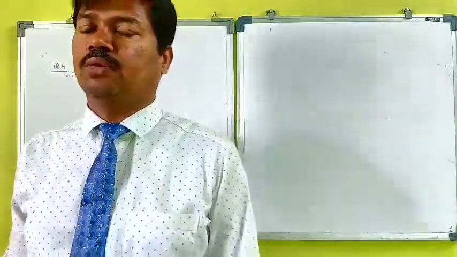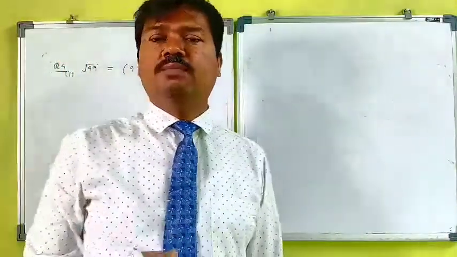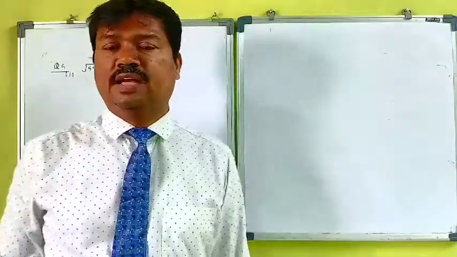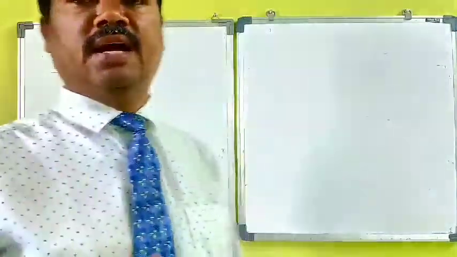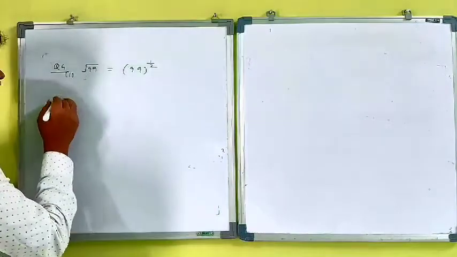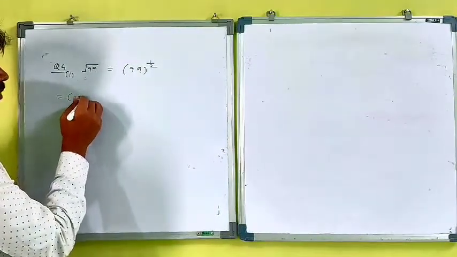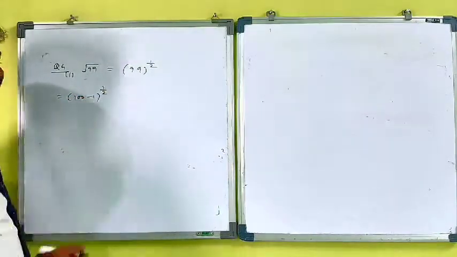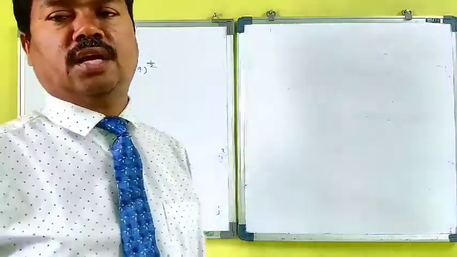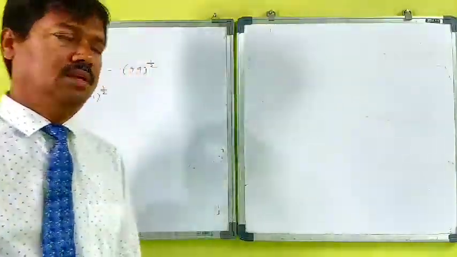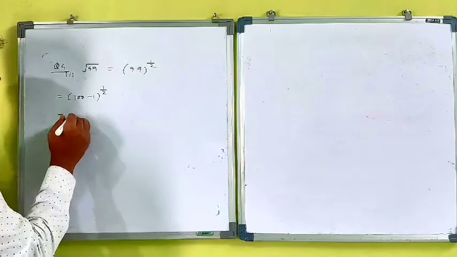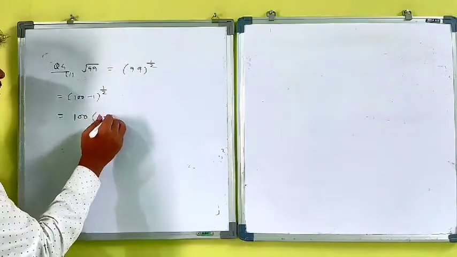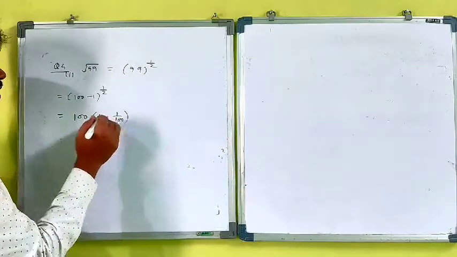Now 99 raised to 1 upon 2, and 99 can be written as 100 minus 1. And 100 is common, what we did in the previous cases. So 100 common, it is 1 minus 1 upon 100.